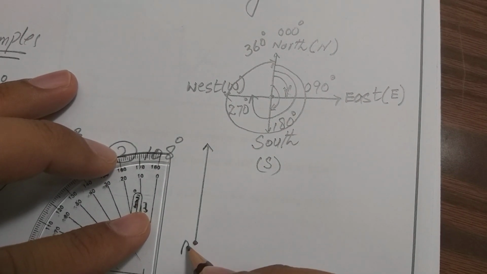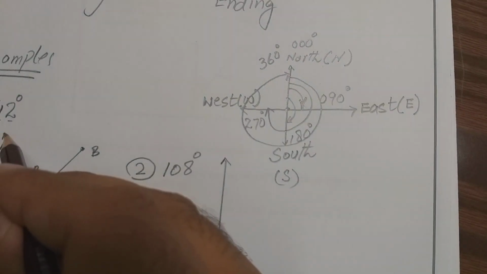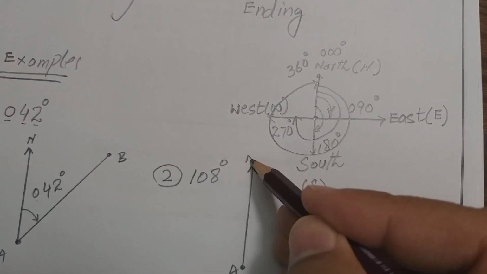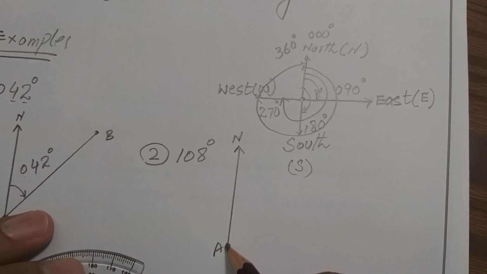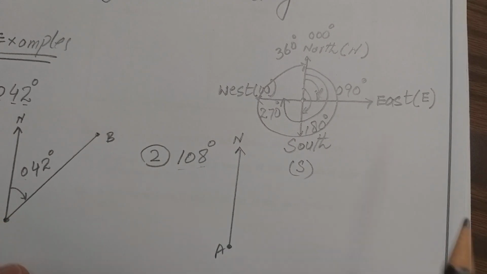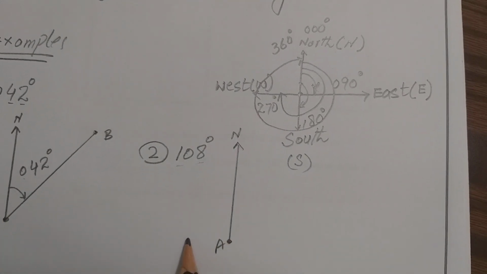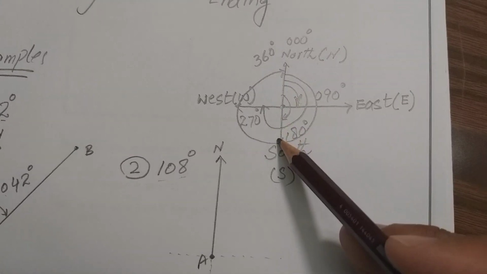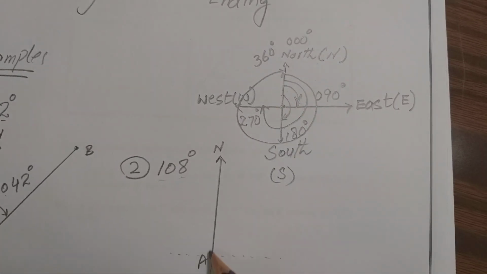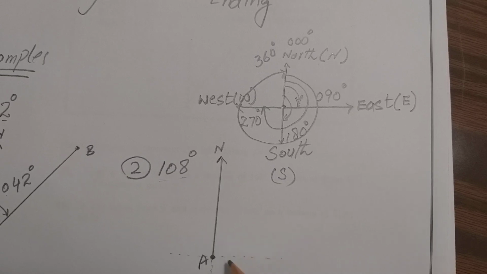This is point A. We plot the point anywhere on the north and start from the north, moving clockwise towards our direction, which is 108.